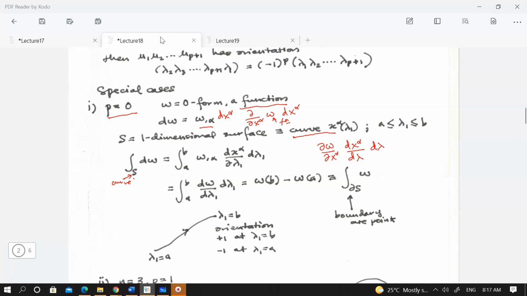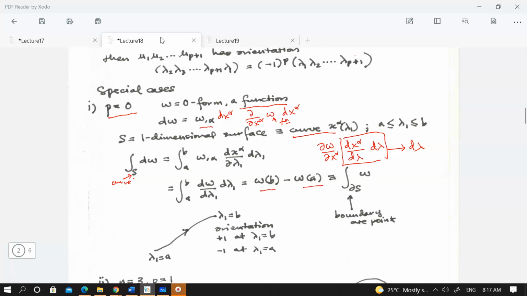If you look at this, it is just giving you d lambda. And of course, you know what this is, because this is a total derivative of your function with respect to the variable lambda, which you can integrate easily to give you omega evaluated at the endpoints of your curve.